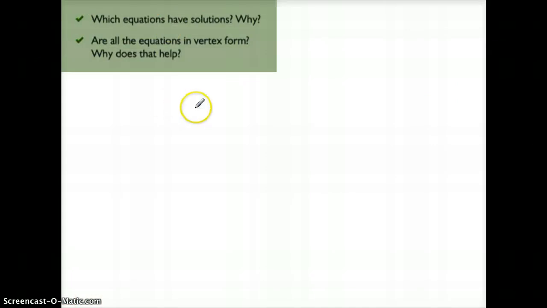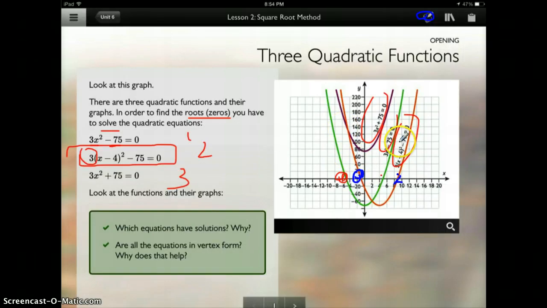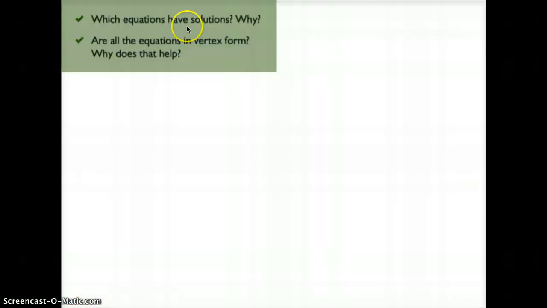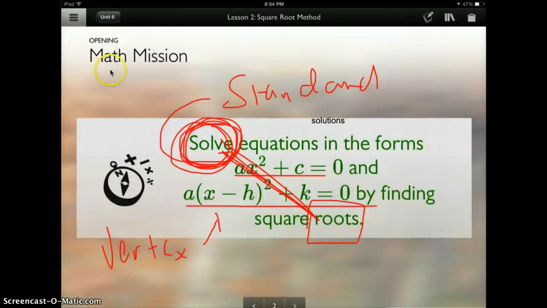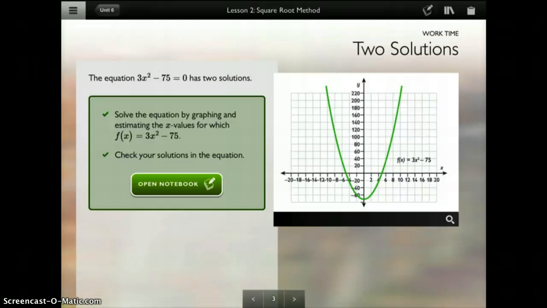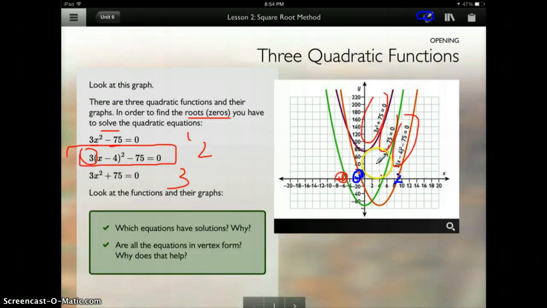Let's go back. The green one, 3x squared minus 75, is the one in vertex form. It looks like equations 1 and 2 have solutions, but not 3.